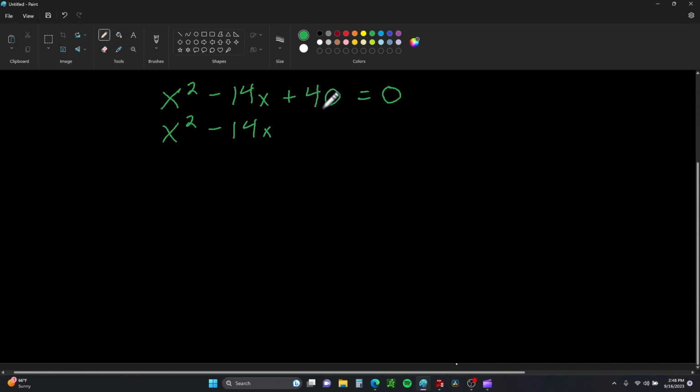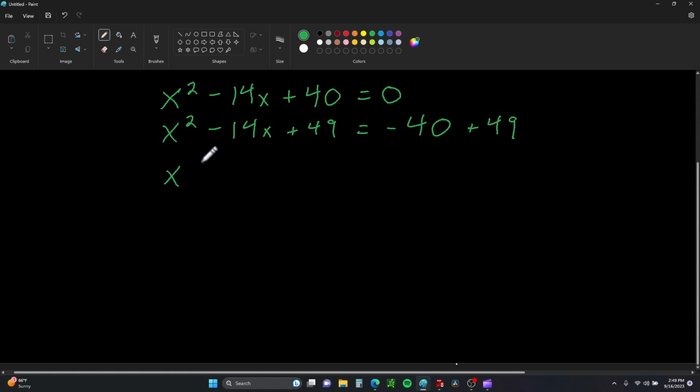I move this to the other side, so I'm subtracting 40 from both sides, so I get minus 40. Next I want to complete the square, so I need to take half of 14, which is 7, and then square it, which is 49, so I put plus 49 here and plus 49 here.